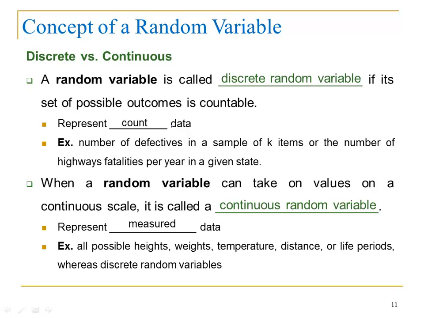Count, measure, continuous, discrete. So which one is really a range? Yeah. Okay. So discrete, basically there's no range. If you count something, that can be described as a discrete random variable.